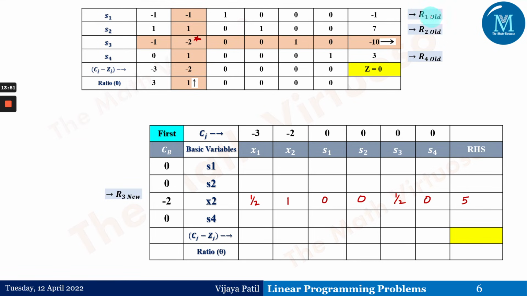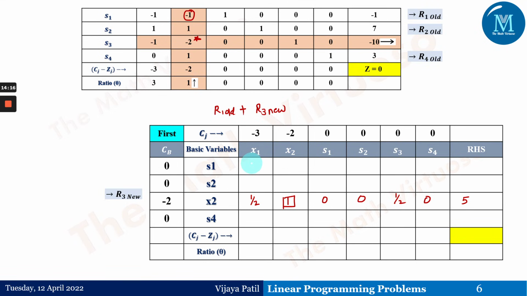Then for R1 old, we have to convert this minus 1 into 0 using this row. So the transformation would be R1 old plus R3 new, because it's minus 1 and we need addition. So R1 old plus R3 new gives you the first row.